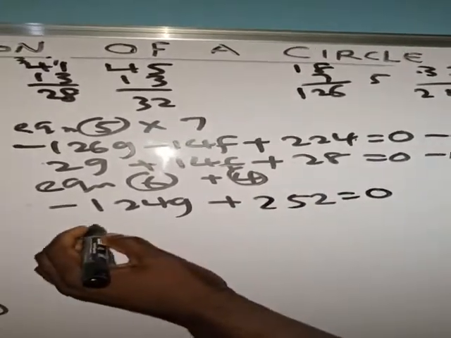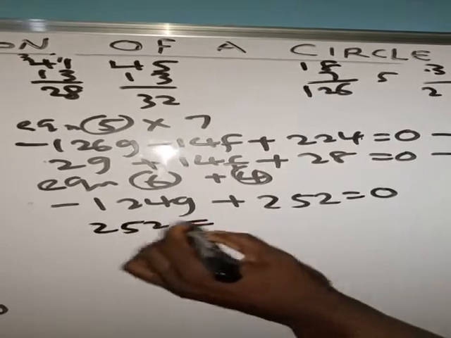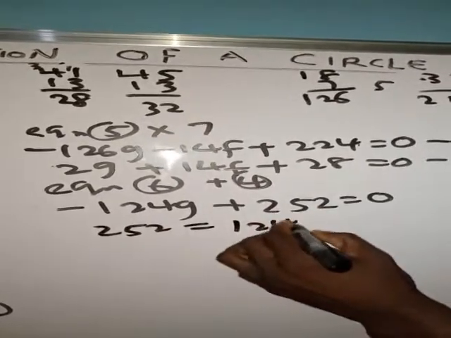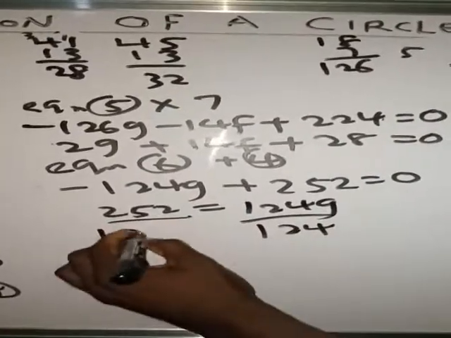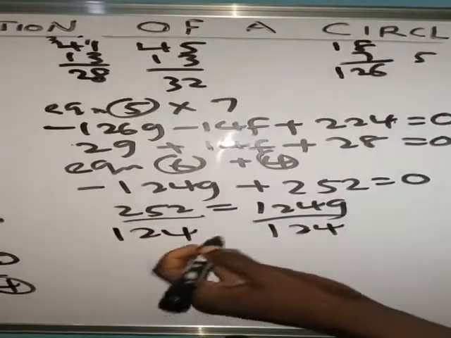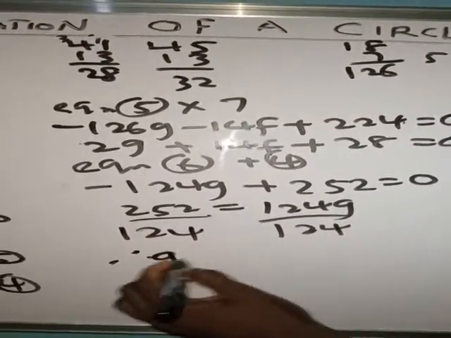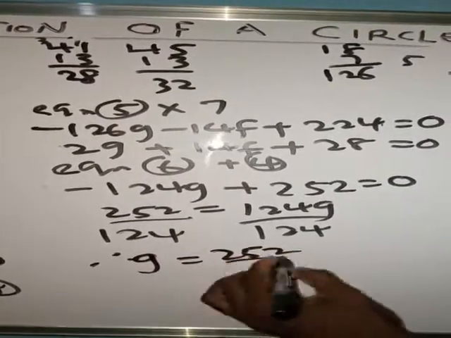So now 252 is equal to 124g. To get g, divide both sides by 124. Therefore, g is equal to 252 over 124.